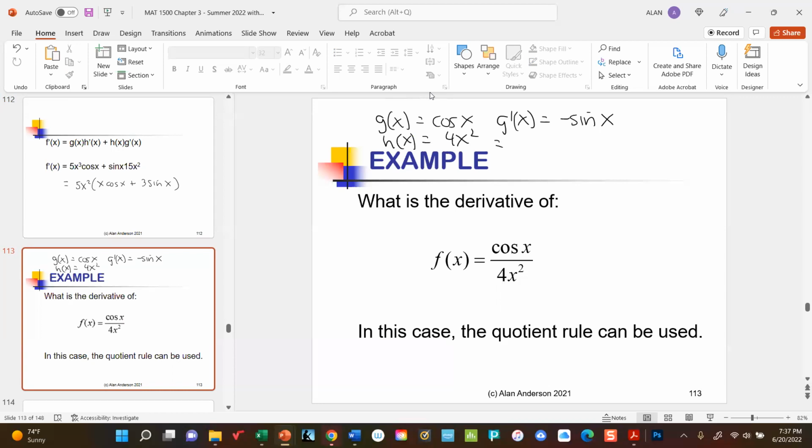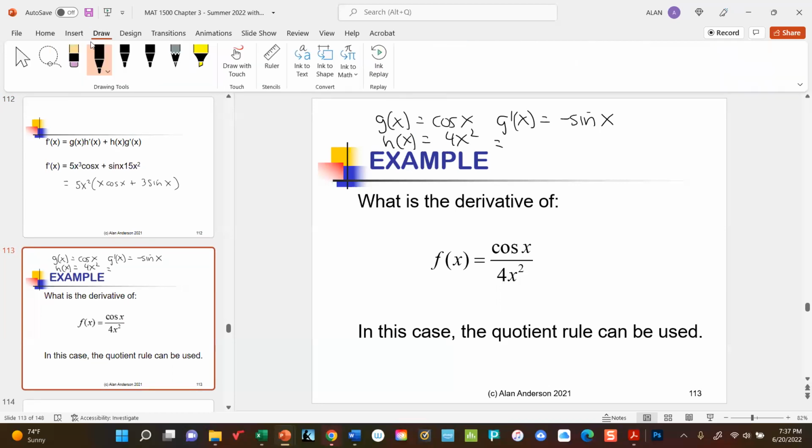And so therefore, using the power rule, we end up with 8x. And now, of course, we just have to plug everything into that very complicated formula. But this is how we start.